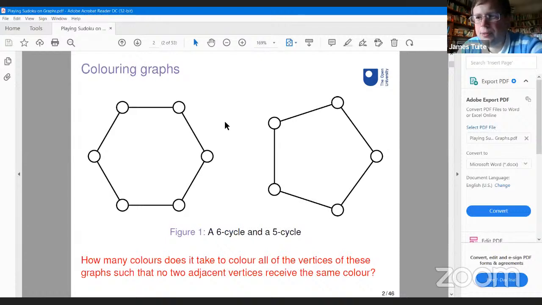Well, as a trivial example, on the left, I could take the 6 cycle and color each vertex with a different color. So it's going to be less than 6, as that's quite a clumsy coloring.